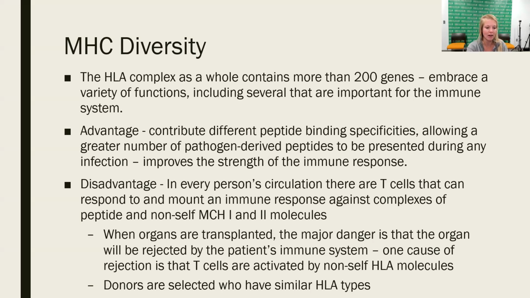Because there are so many, that allows for a higher amount of specificities for binding peptides. Because of the promiscuity, even though there are probably a few hundred different specificities, it can bind millions and billions of different types of antigens or different segments of antigen.